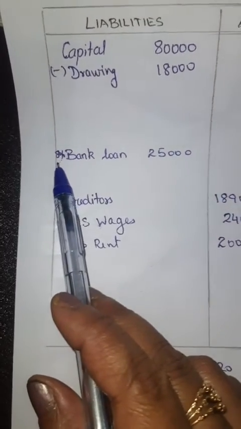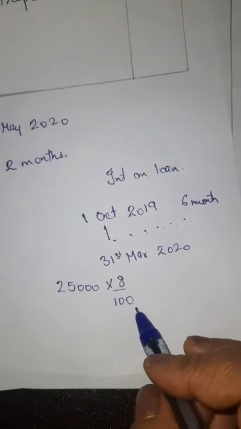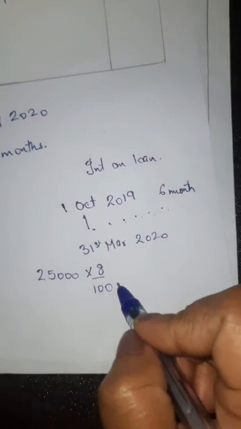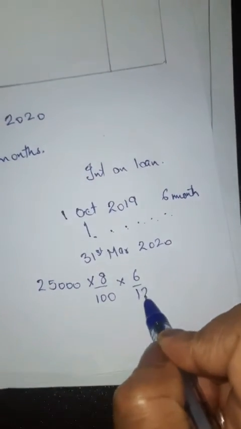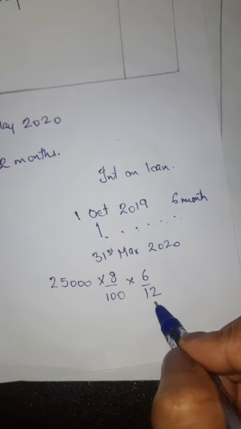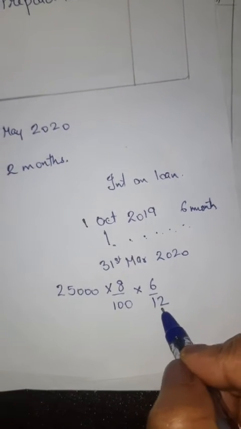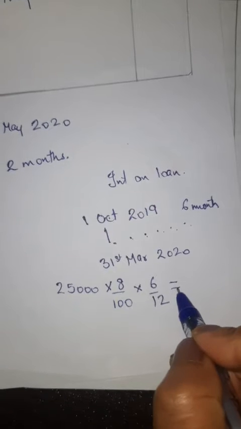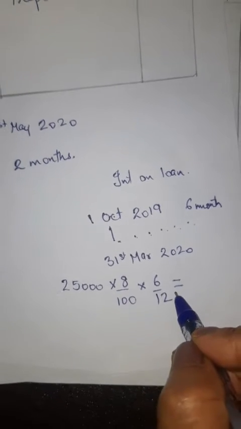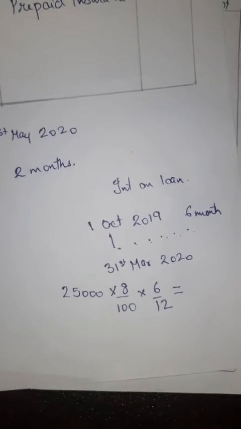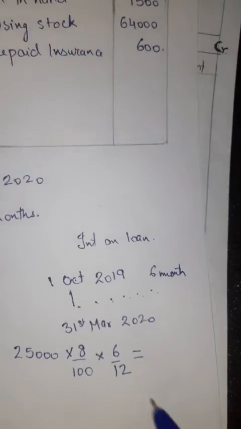So what is this 8%? It is actually the interest on that loan. So 8 divided by 100 into 6 by 12. We are paying interest on this bank loan for 6 months. So calculating this, you will get the amount.